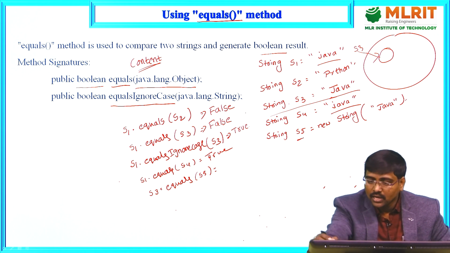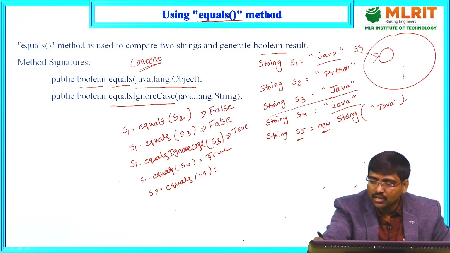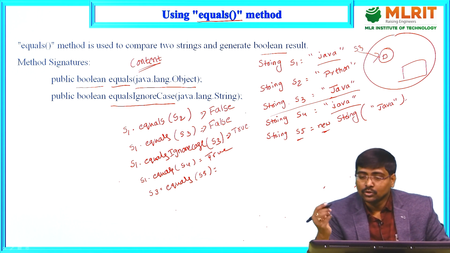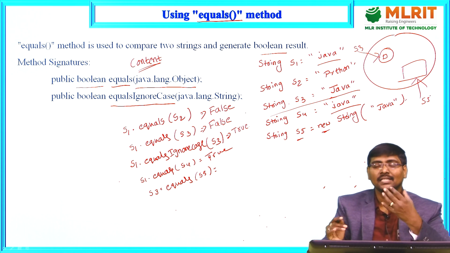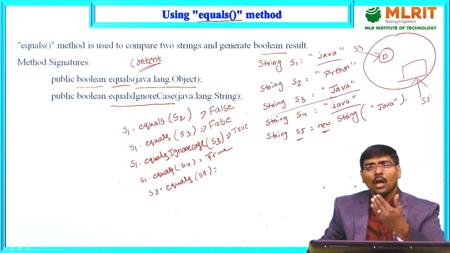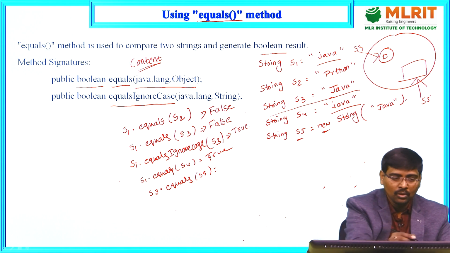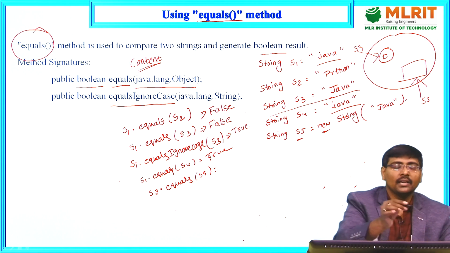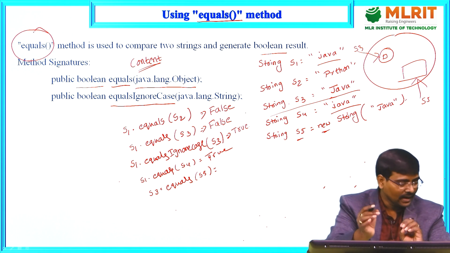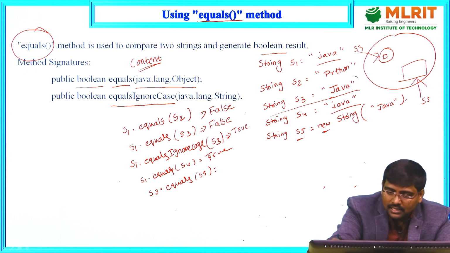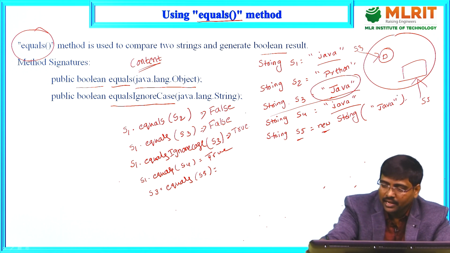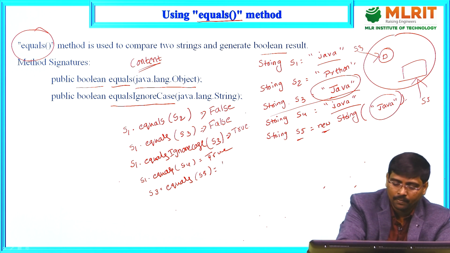Here S5 is created by using the new operator. Anyway, whether it is inside the string constant pool or outside the constant pool, the equals method just compares the content. Here what is the content? Java. Here what is the content? Java. Obviously, the result is true.